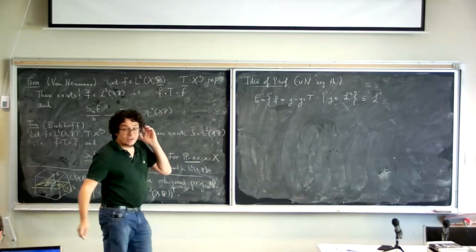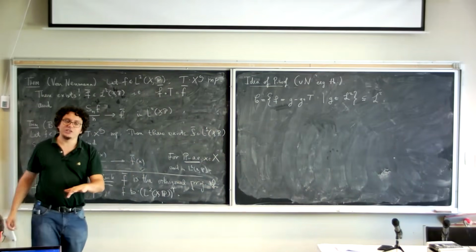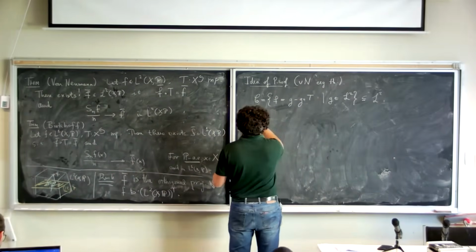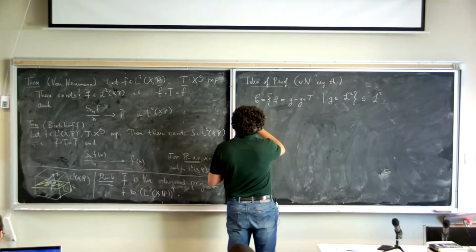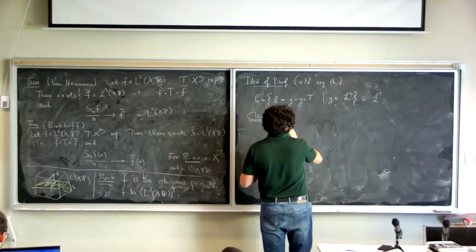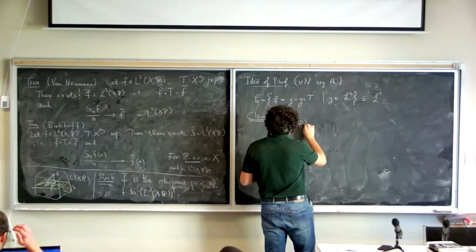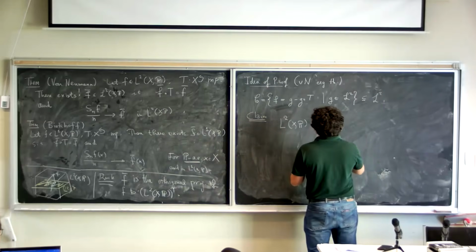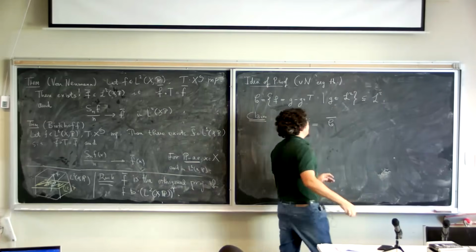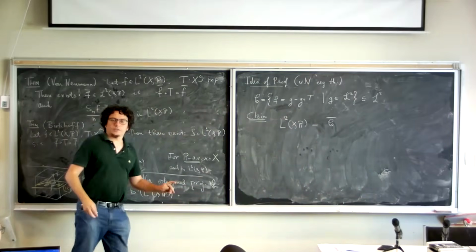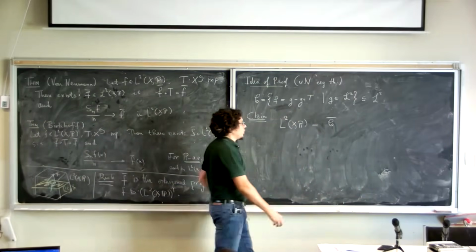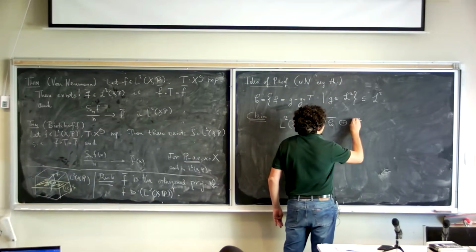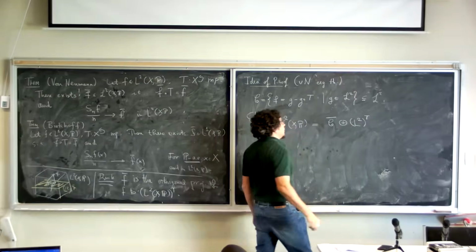These are not invariant functions. Then there are invariant functions. So the claim is the following: if you start with the space L2, it is the orthogonal sum of the closure of this with the invariant functions.